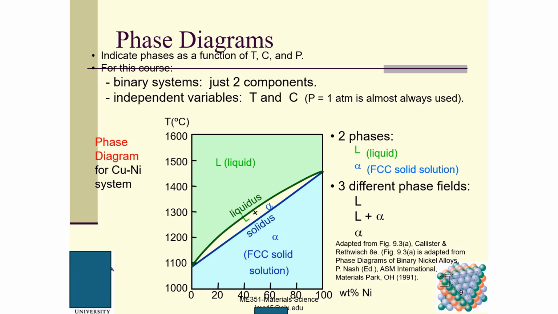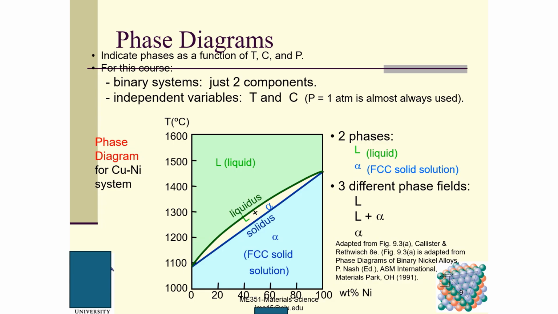For this course, we deal with binary systems. As the name suggests, binary system means having two different components. So the independent variables are temperature and composition, and P equals 1 atmosphere.